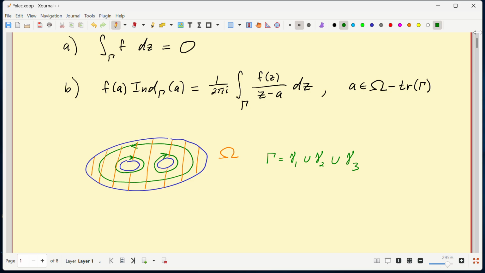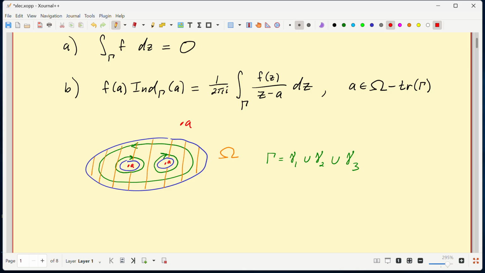If I take a point outside omega in this picture, of course it's 0 out there, but even in a hole it's 0 because for the outer counterclockwise curve the index would be 1, the inner clockwise one would be -1, and the other one has index 0 with respect to that A in that hole. So they add up: 1 minus 1 plus 0 is 0. Okay. Similarly for this one. Questions about that?